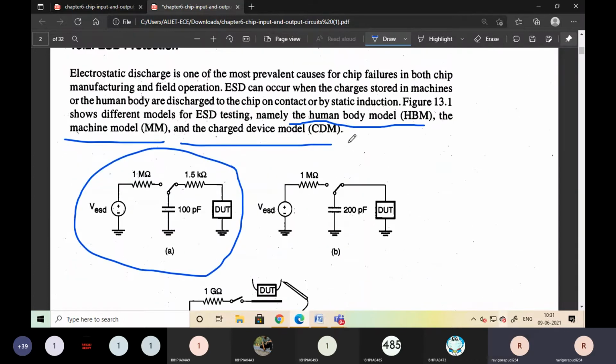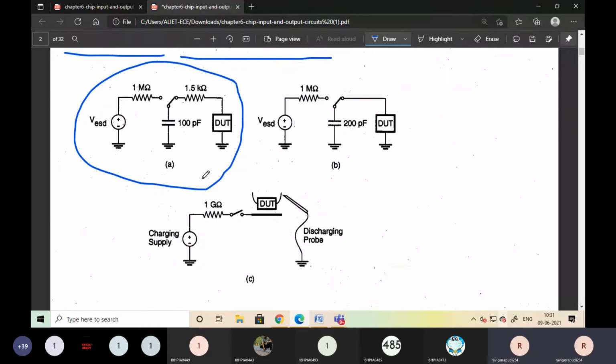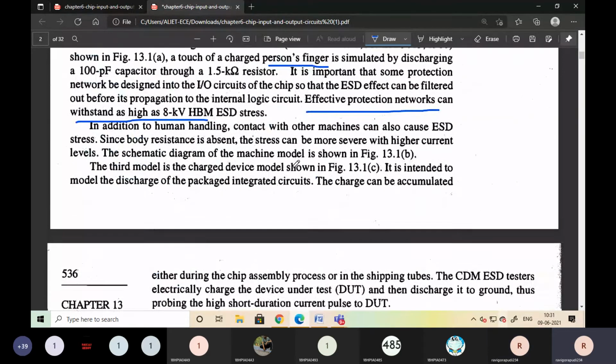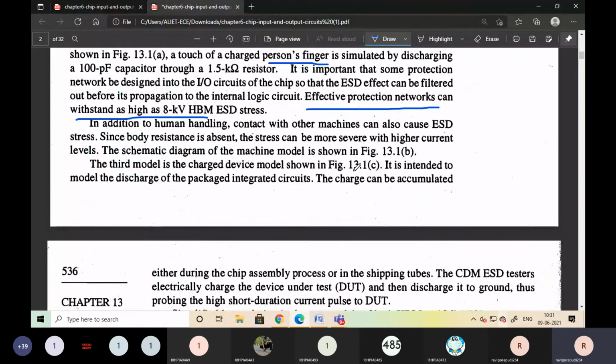What is the second one? Machine model. The second paragraph indicates the machine model.